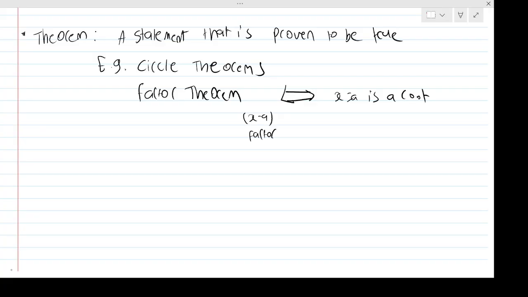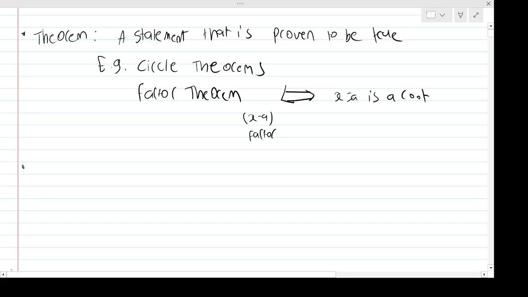We did a little partial proof of that last time, where we proved that if it's a factor, then x equals a is a root. So there are proofs behind all of this. Essentially, it's a statement that is proven to be true, and we call that a theorem if we have proof for it.